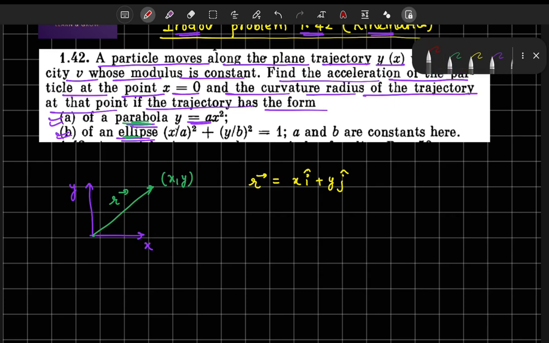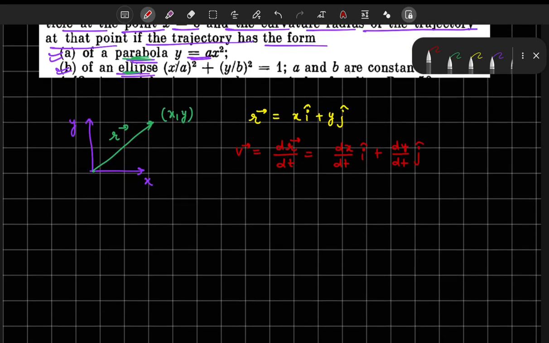For that let us differentiate it. So we will get the velocity vector equal to the derivative of the position vector with respect to time, so we will get dx by dt i cap plus dy by dt j cap. Let us differentiate it again.